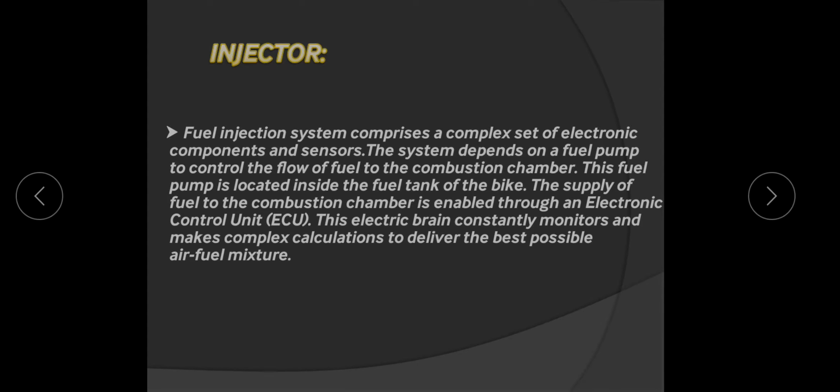The supply of fuel to the combustion chamber is enabled through an electronic control unit. The electronic brain constantly monitors and makes complex calculations to deliver the best possible air fuel mixture.